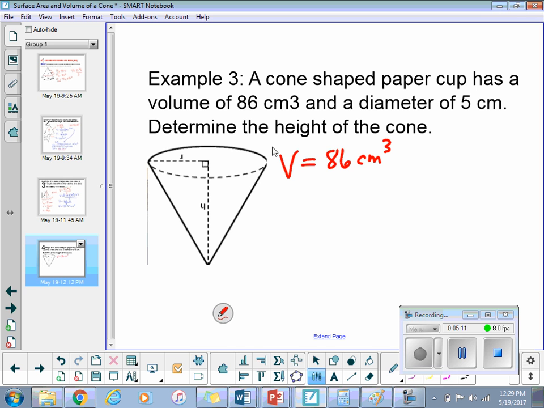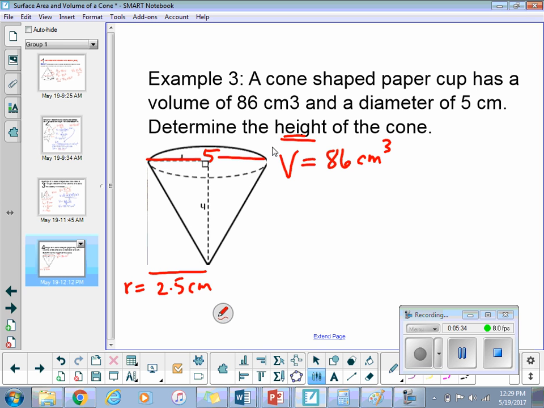And we're given the diameter of the cone. So if we have the diameter, you're measuring this whole thing as 5 centimeters. That means the radius is going to be 2.5 centimeters. And you are asked to determine the height.